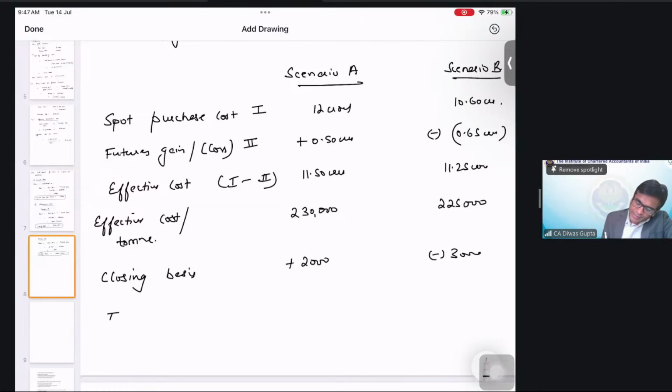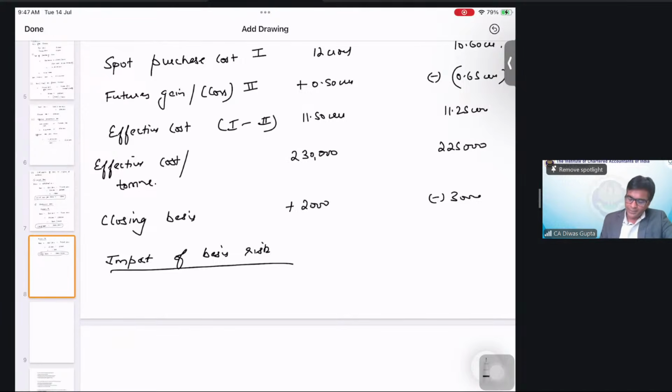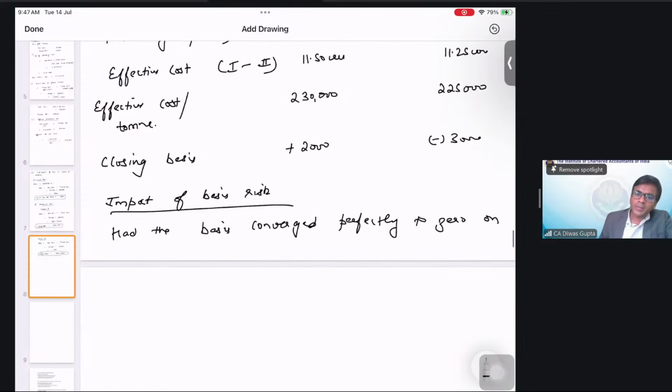Now, impact of basis risk. This is something that I wanted to discuss. Now, what is happening here? Had the basis converged perfectly to zero on maturity, effectively it means instead of plus 2,000 and minus 3,000, it could have been zero.